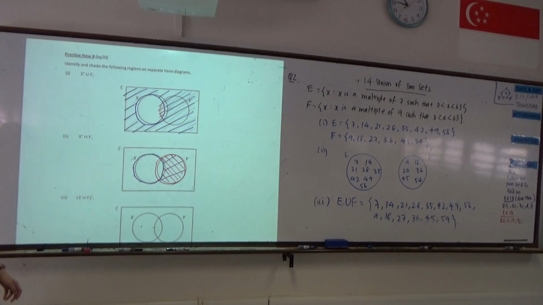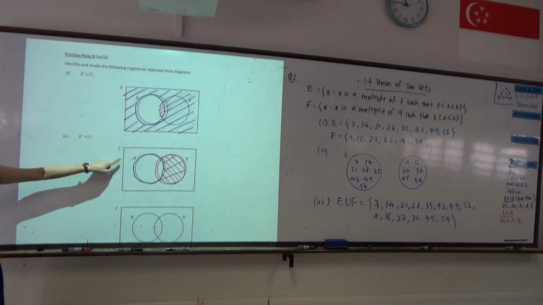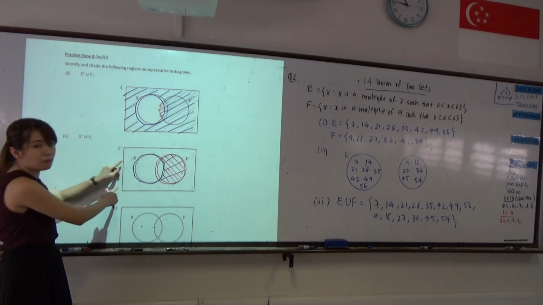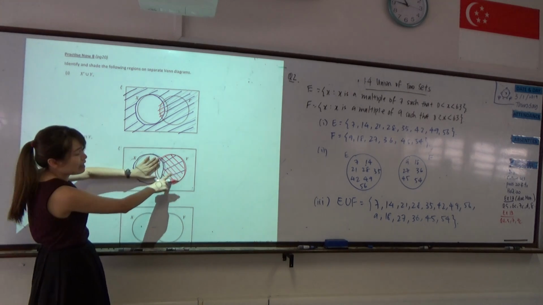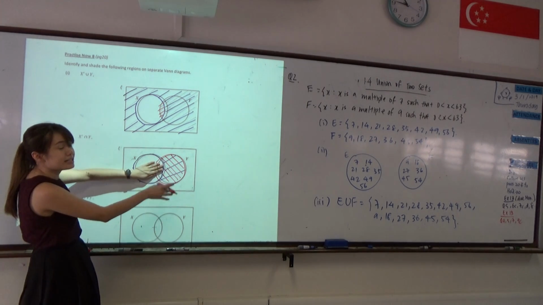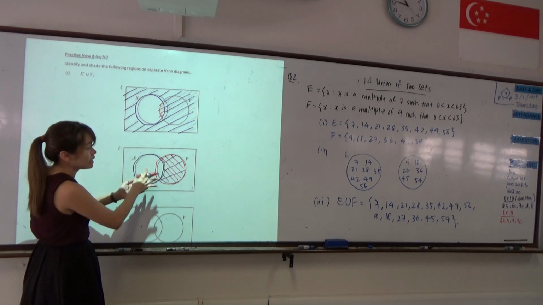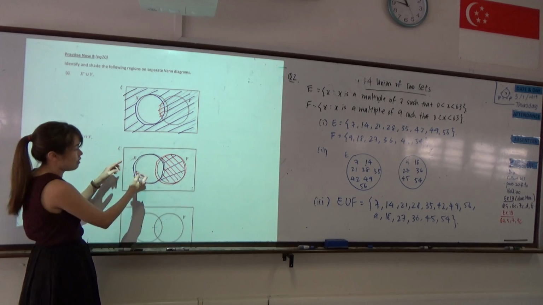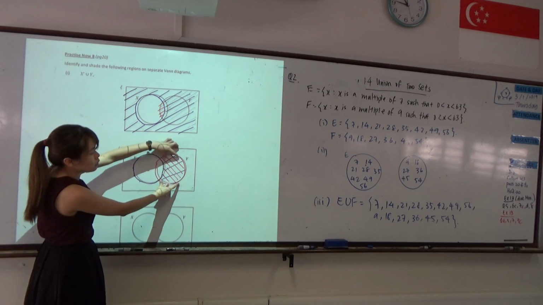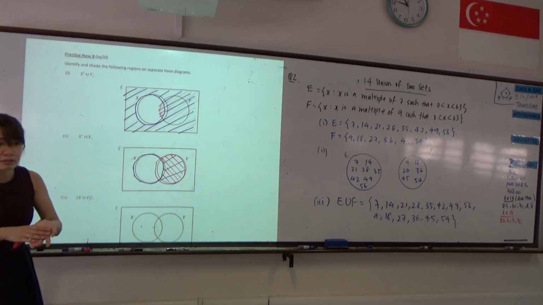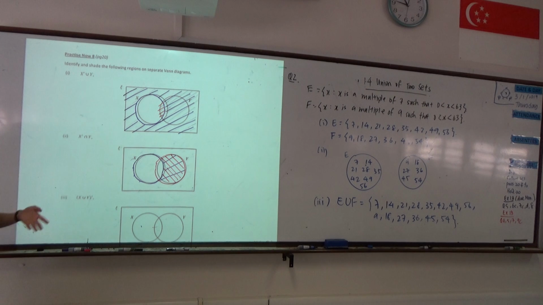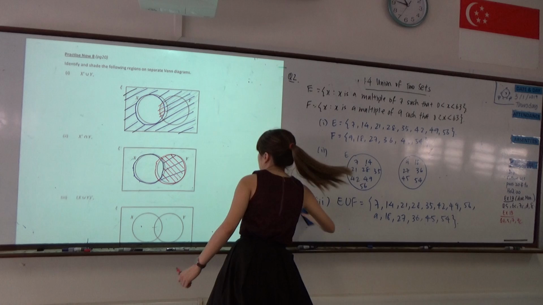Let me repeat myself about x complement intersect y. X complement is anything outside of x, so it will include this part of y as well. Then the intersection with y itself, y is this entire red circle. So looking at the overlap between the outside of x and y, it is only this part that has the overlapping, because intersect means overlap. Let me erase this.